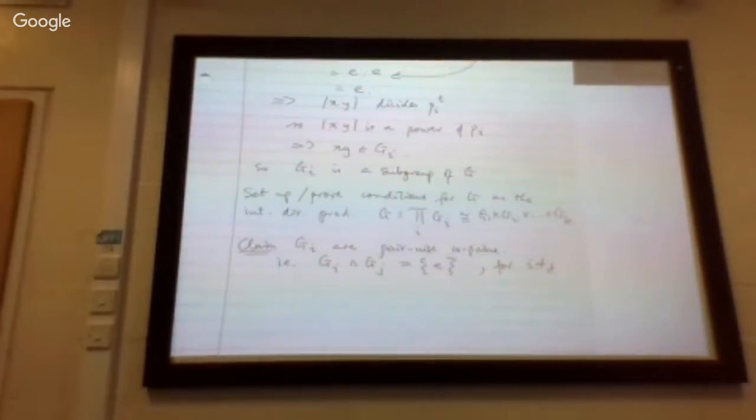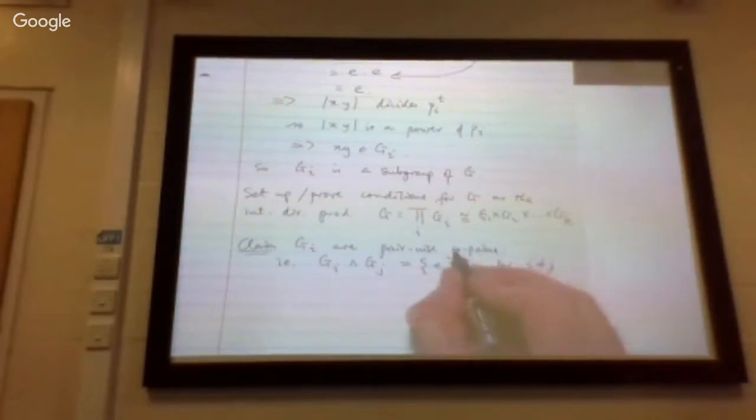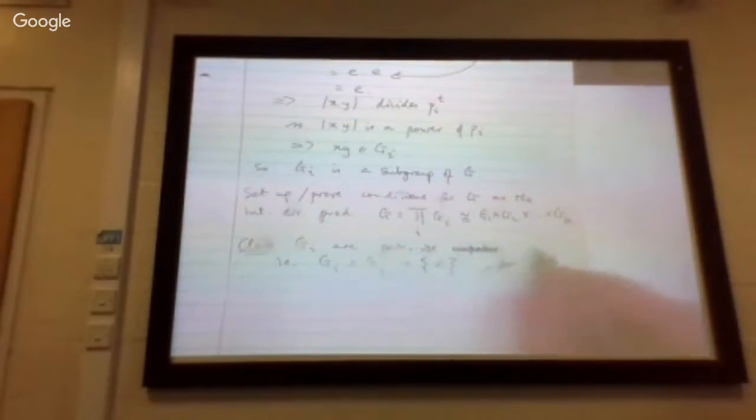Now, the way we'll do it is we'll present the argument. Sorry, not pairwise coprime, I said that wrong.